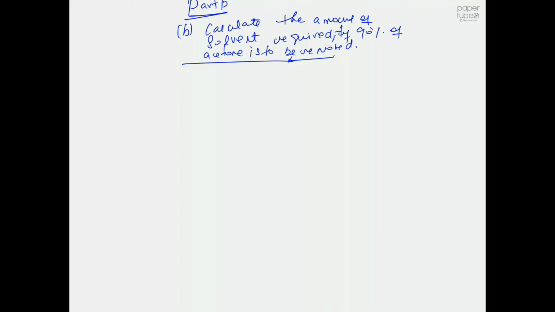I'm asking what amount of solvent we need if we manage to remove 90 percent of the acetone in the feed. That's what we are going to calculate. If you look at our problem, we have 1000 kg going in, 800 kg of solvent, and 50 percent acetone, which means 500 kg is acetone.